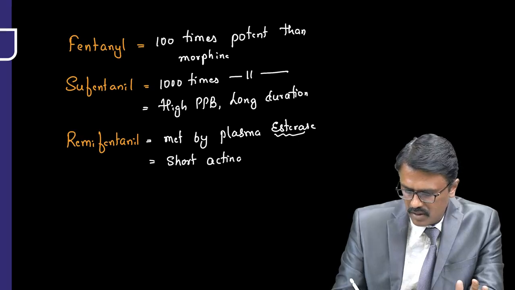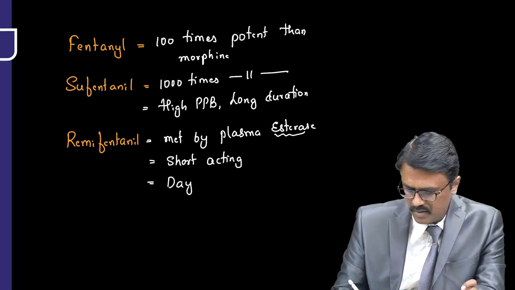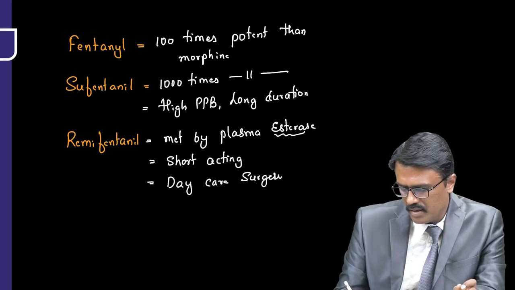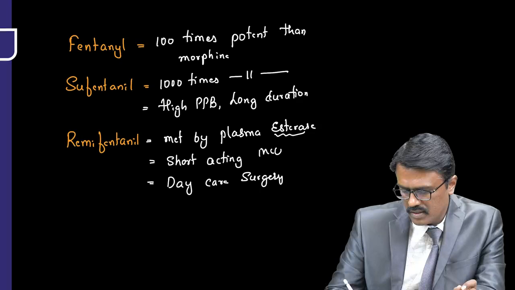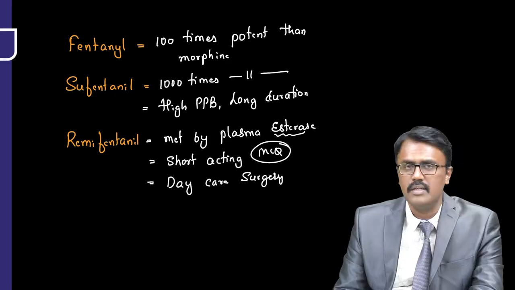Since the drug is very short acting, it can be preferred in daycare surgery. So recently this question was asked: which of the following fentanyl drugs is very short acting? It is remifentanil.